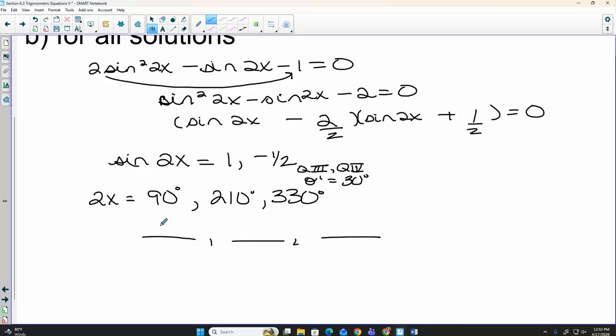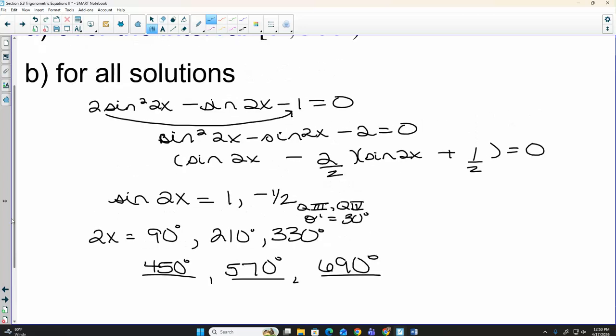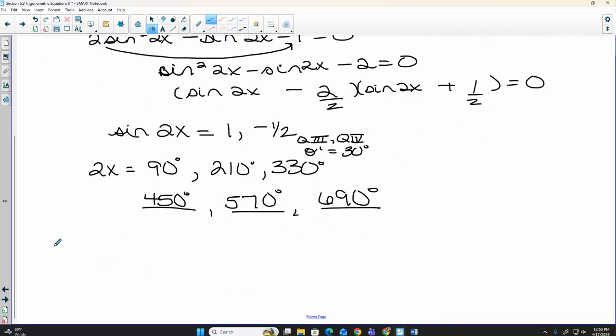So for each of these numbers, what do I have to do? Add 360. So we get 450. 570. So part A is wanting all my answers between 0 and 360. We're almost there.